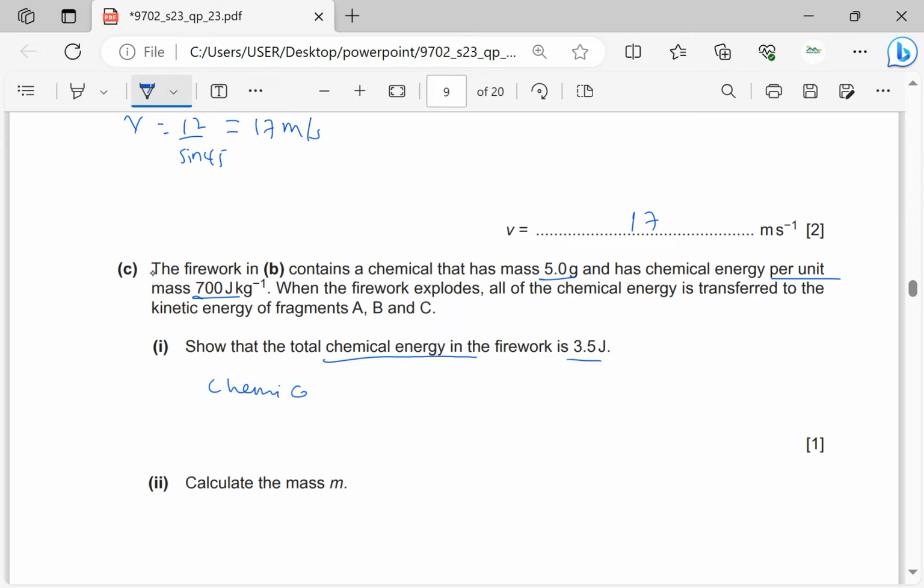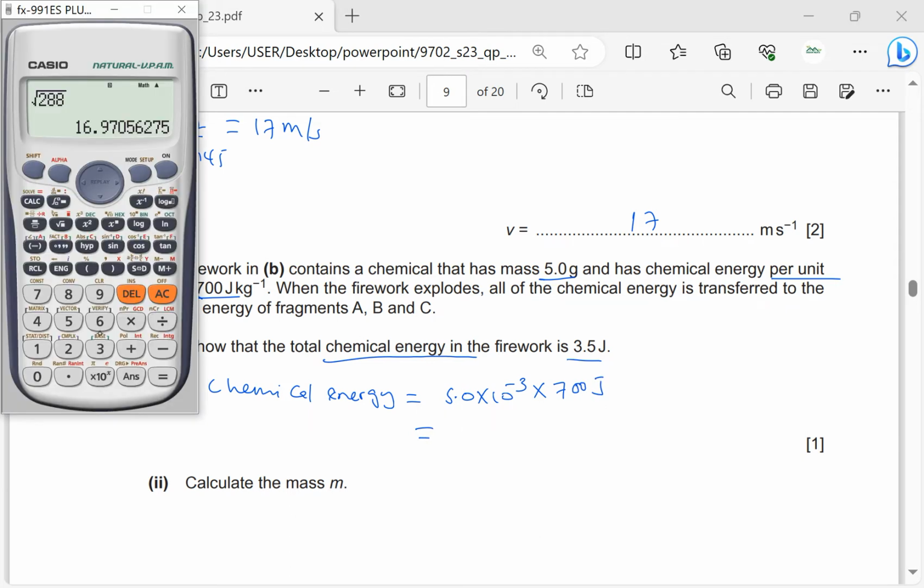Chemical energy is going to be the mass, which is 5.0 times 10 to the power negative 3 kilograms, times the energy of each kilogram, which is 700 joules. We can check with our calculator. 700 times 5 exponent minus 3.